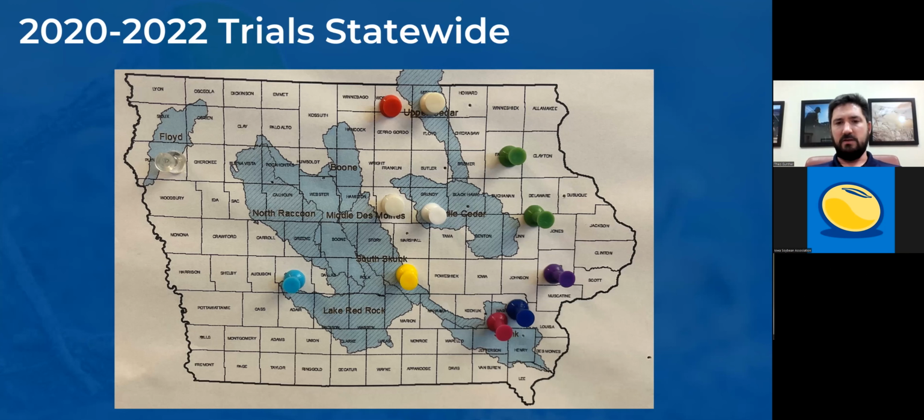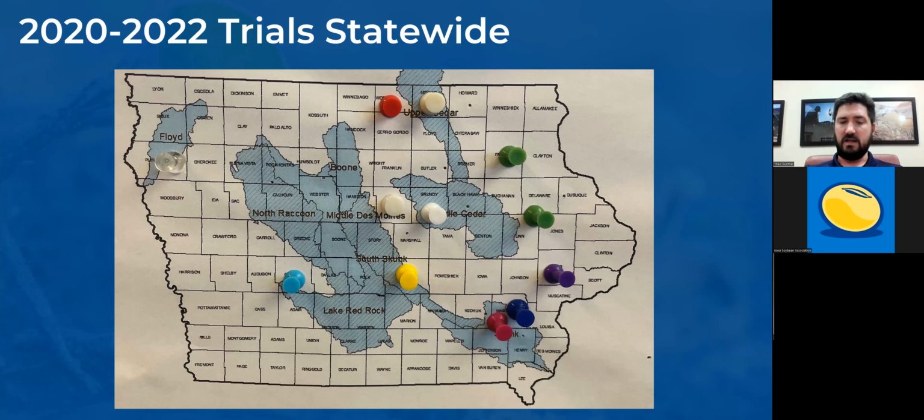And for every blank area in that map, not only is there other farmers that are interested or doing this practice, they just didn't happen to be doing a trial. So this is the location where we've actually had people execute replicated strip trials comparing sole crop and relay crop systems, and where we've had some data collected. So the main point is this can work in many different parts of the state.